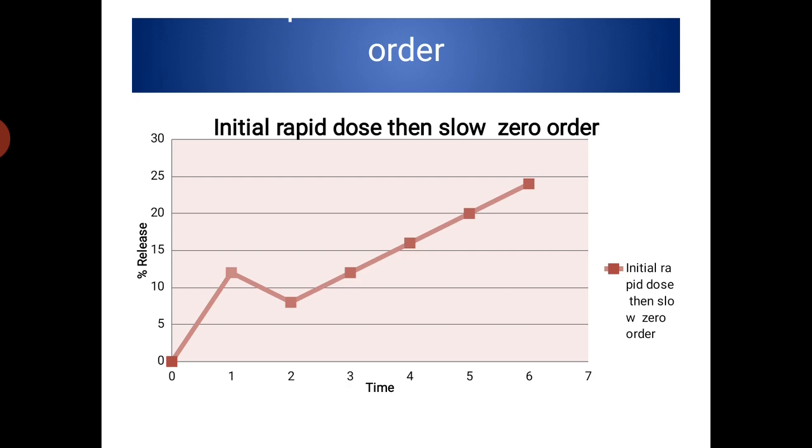we can develop the delivery system in such a way that an initial burst release is possible, followed by a controlled release. That means if it follows purely a controlled release, slow zero order release pattern, it takes a longer time to attain a therapeutic concentration.